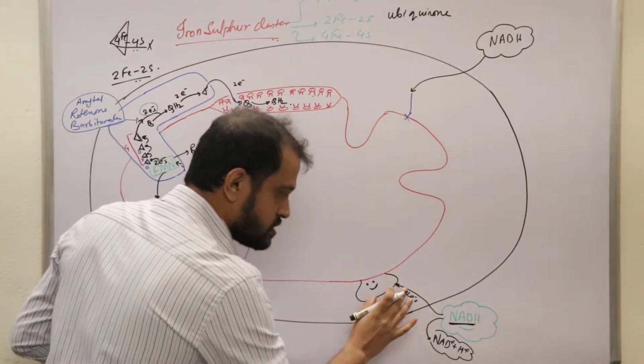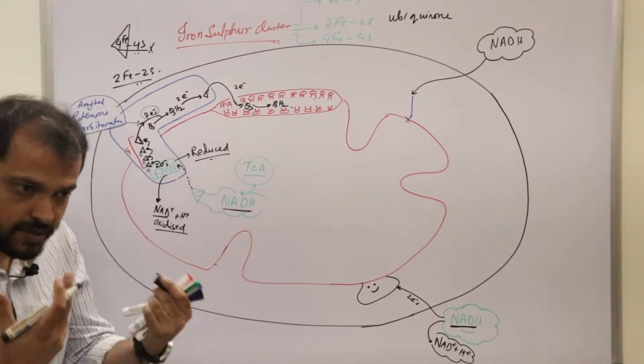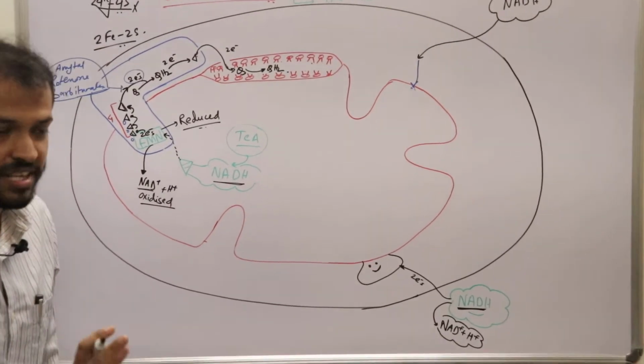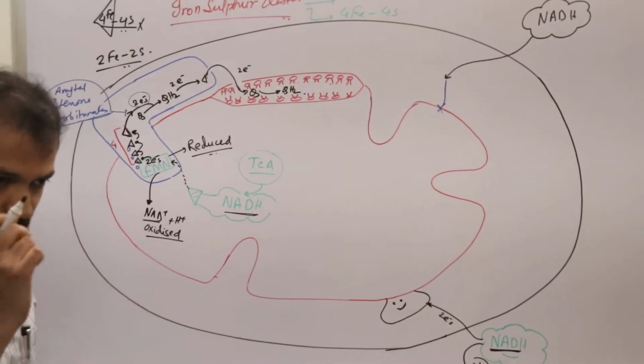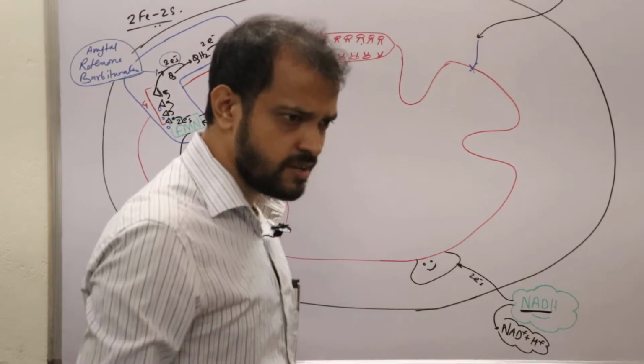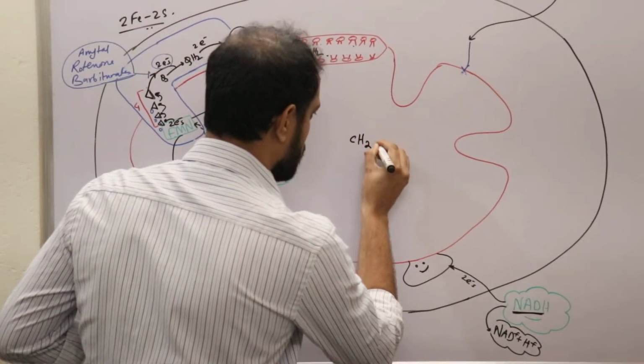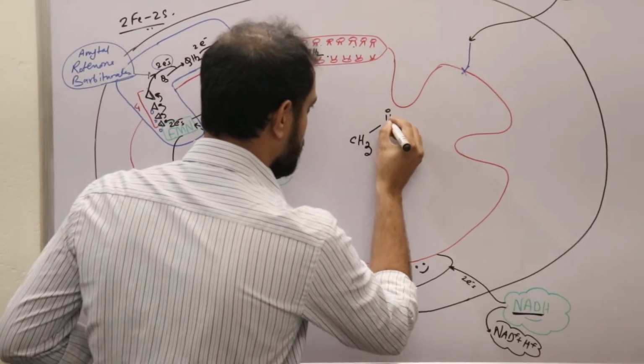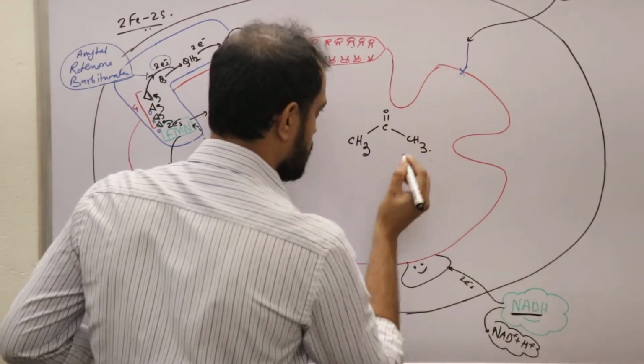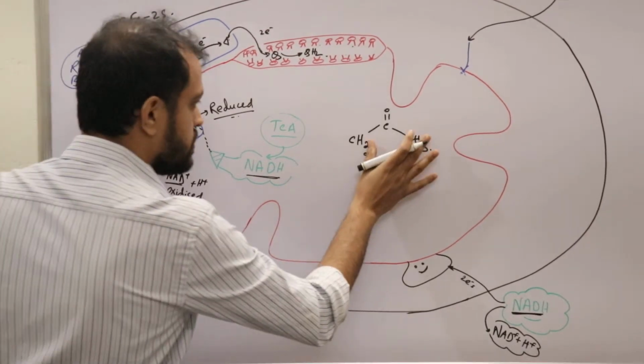These 2 electrons will now be transferred to something called dihydroxyacetone phosphate. You know how to draw dihydroxyacetone phosphate? You know how to draw acetone? Very good. This is acetone.